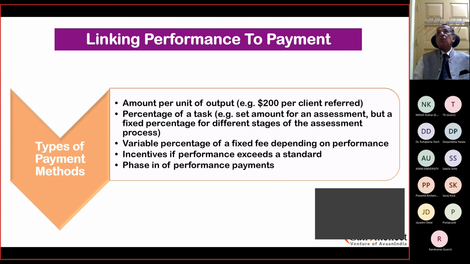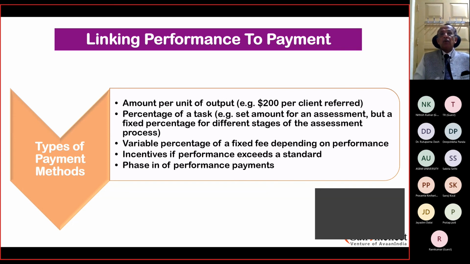If you've got several reports to complete, or like a salesperson, $200 commission per client as a referral. Percentage of task: a set amount for an assessment, but a fixed percentage for different stages of the assessment. Variable percentage of a fixed fee depending on performance. Incentives if performance exceeds standard.